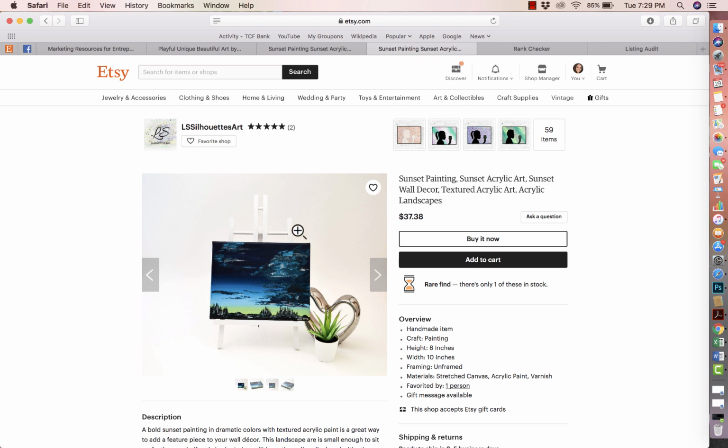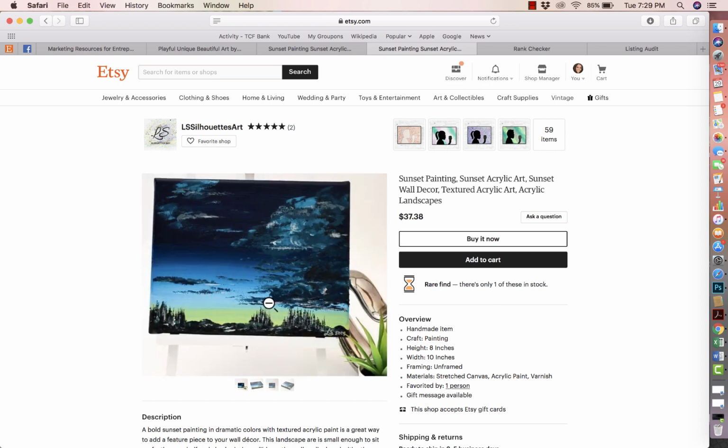So my suggestion is, on your first photo, just have the actual painting by itself. Don't add additional props or anything else, only because it could cause a little bit of confusion. And because of the way the photo is set up, it is very small, so you can barely see it unless you zoom in.